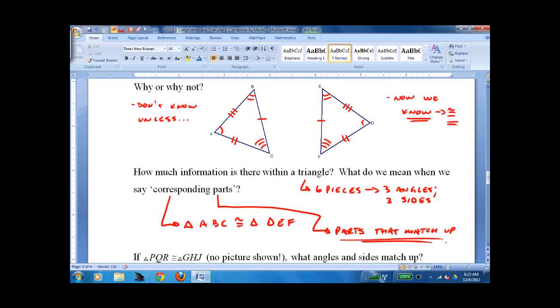And by match up, I mean, if you look at the way we wrote it, angle A is congruent to angle D. Angle B is congruent to angle E, and so on and so on. We could even say side AB and side DE are congruent. AB and DE, they are congruent.